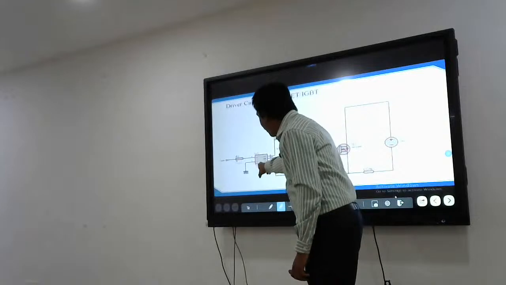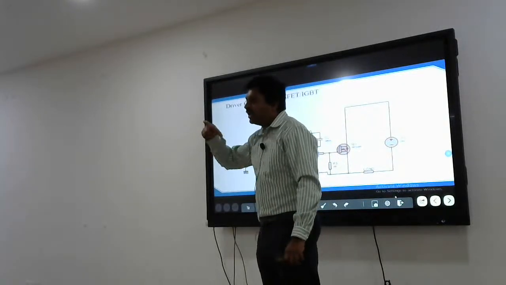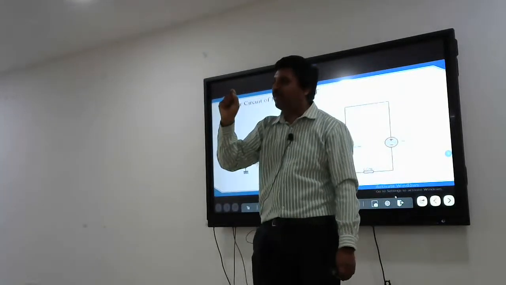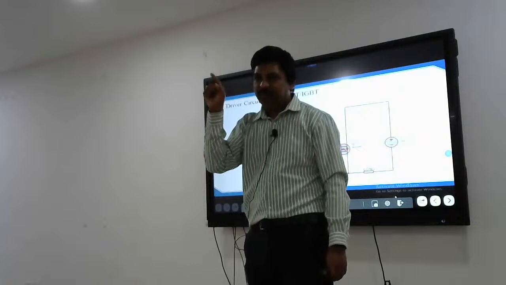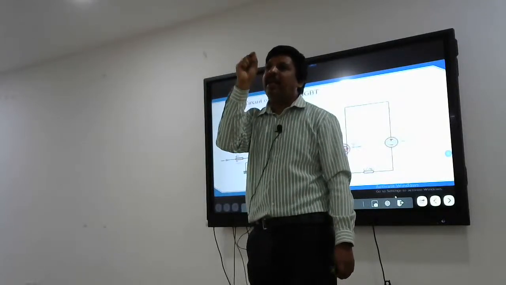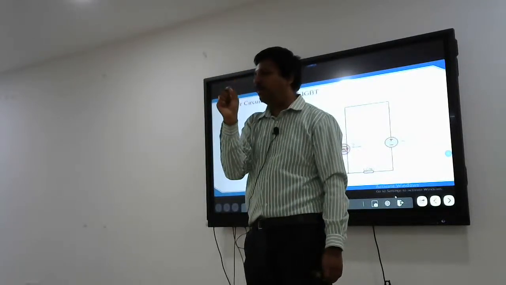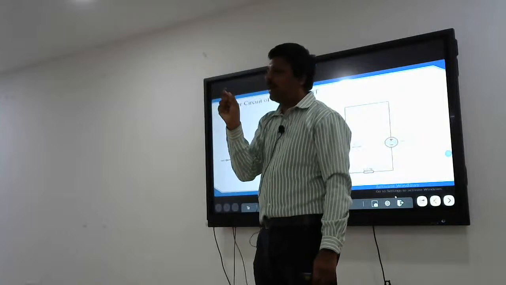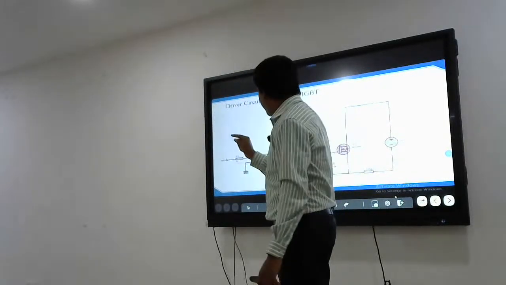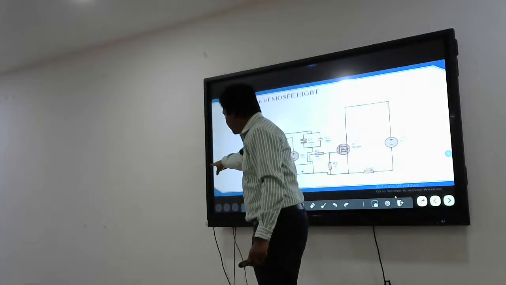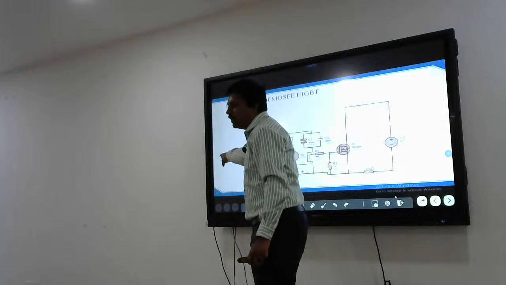I generate the PWM using either an Arduino or a simple 555 timer. PWM means high, low, high, low, like 50% duty at 50 kHz. I can generate a simple 50 kHz signal at 3.3 volts or 5 volts.